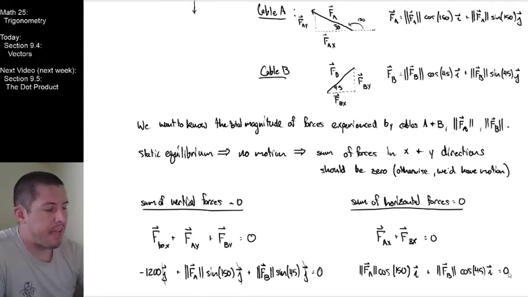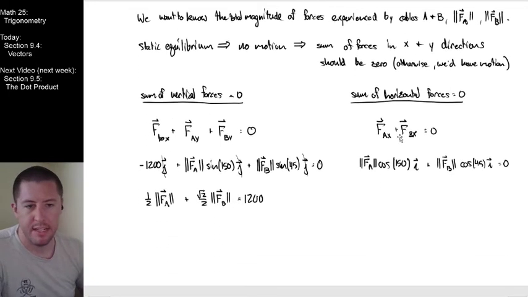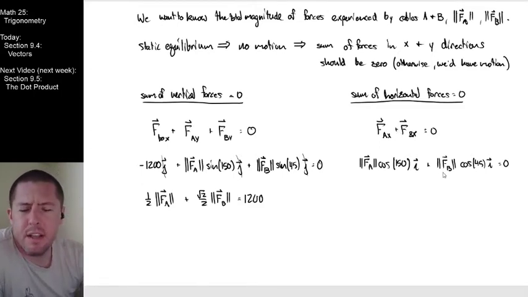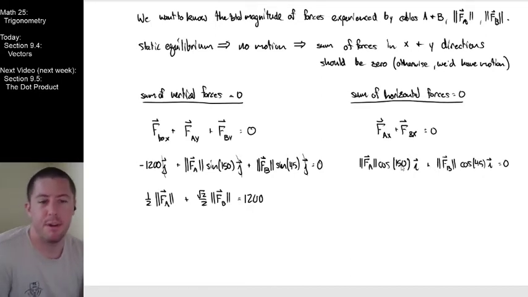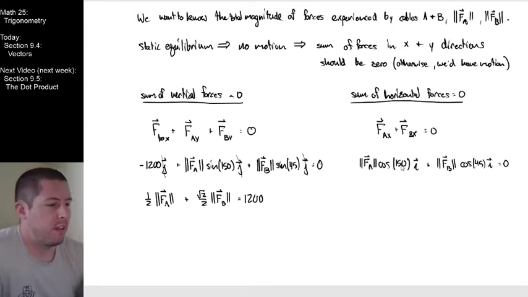And those two things have to add to zero. If they didn't, this box would be moving left or right, and we said it's not moving left or right. The forces have to be equal to each other, one left and one right. Now you should be saying to yourself, how is it left and right if we're getting two positive numbers here? Well, cosine of 150 is not a positive number, since that angle is in the second quadrant, so this should be a leftward force.